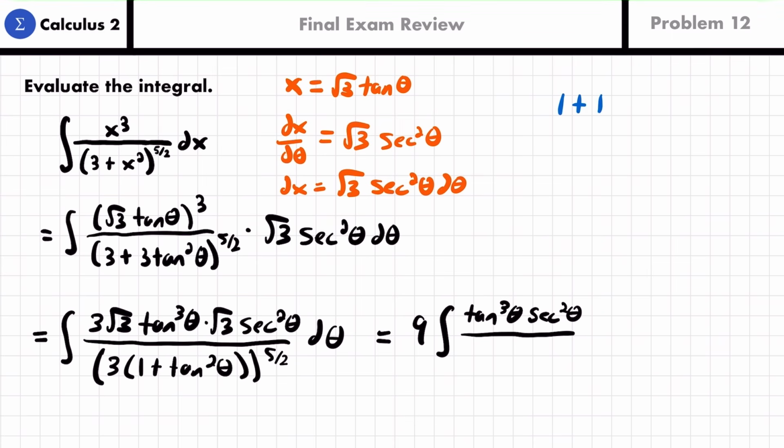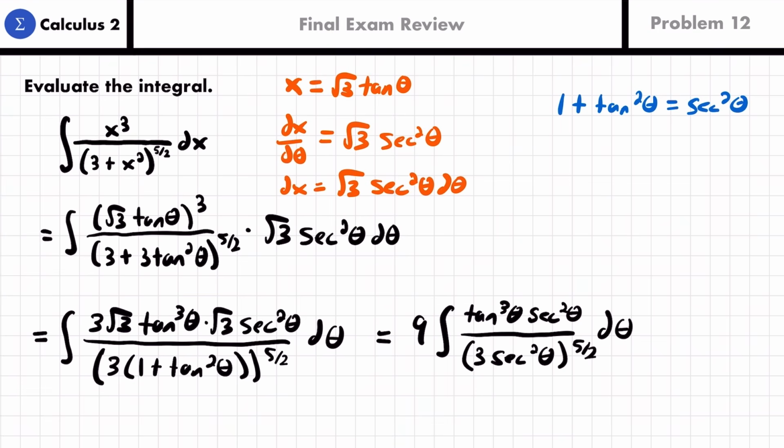We know that 1 plus tangent squared theta is equal to secant squared theta. So we can replace this 1 plus tangent squared theta with secant squared theta. All right, so we'll have 3 times secant squared theta to the power of 5 halves, and then d theta.